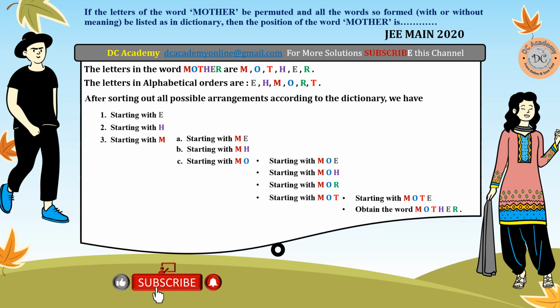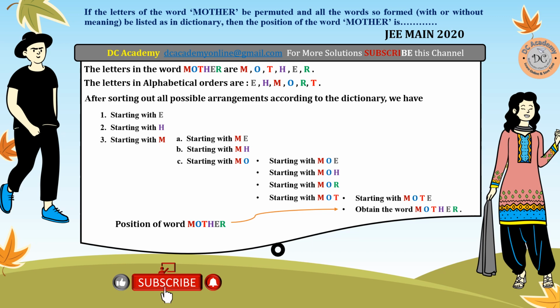Now when it is MOTH, the first word will be E, and then it will be R. So then we obtain the word MOTHER. Therefore, to find the position of the word MOTHER, we have to find how many words start with E, H, ME, and so on and so forth. Let's go ahead and find all those cases separately.